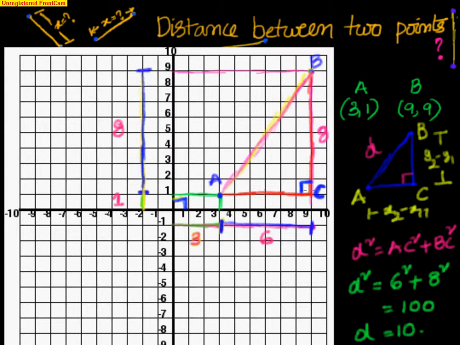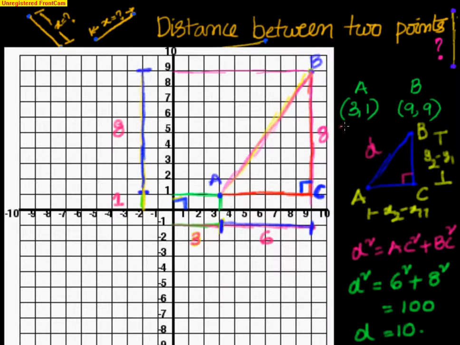So we found the horizontal distance AC. The distance of A from the y-axis is 3. Similarly, the distance of C from the y-axis is 9. So the horizontal distance is x2 minus x1, equal to 6. Similarly, the vertical distance is y2 minus y1, that's 9 minus 1.